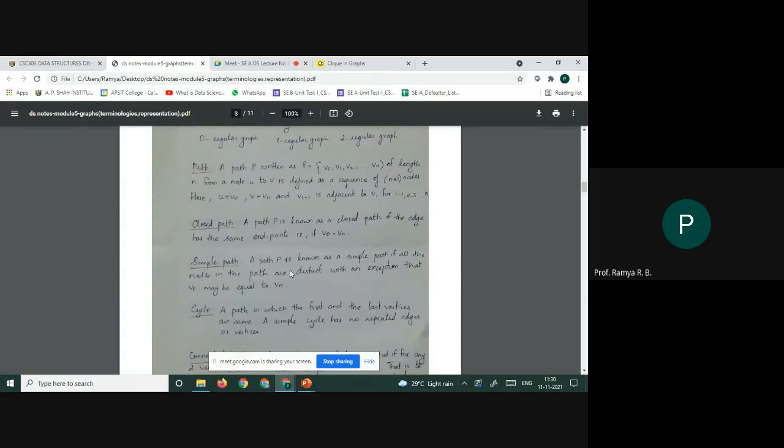You are not visiting any node twice, except that V0 can be equal to Vn. You start from a particular vertex, visit a lot of distinct vertices, and then come back to the same vertex. All the vertices in between which you are visiting are going to be distinct. Such a path is called a simple path. Clear?